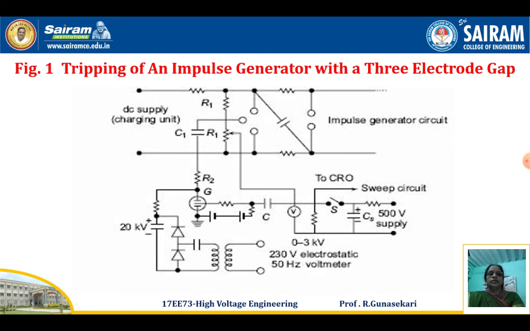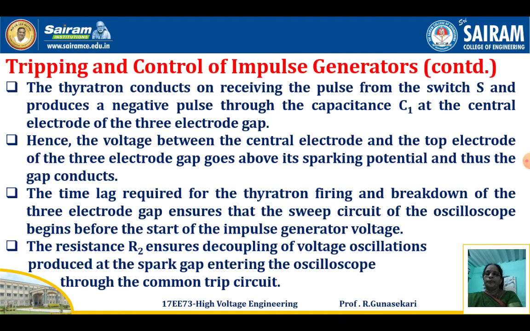The resistance R2 ensures decoupling of voltage oscillations produced at the spark gap from entering the oscilloscope through the common trip circuit. The time lag required for the thyratron firing and breakdown of the 3 electrode gap ensures that the sweep circuit of the CRO begins before the start of the impulse generator voltage.